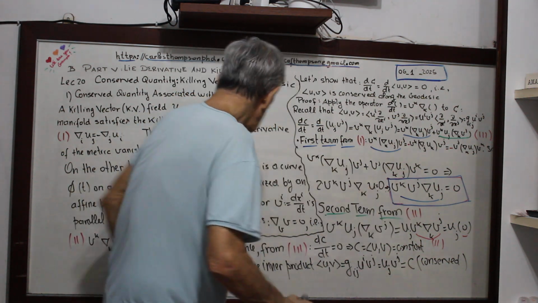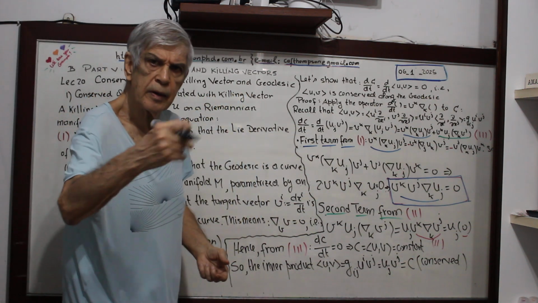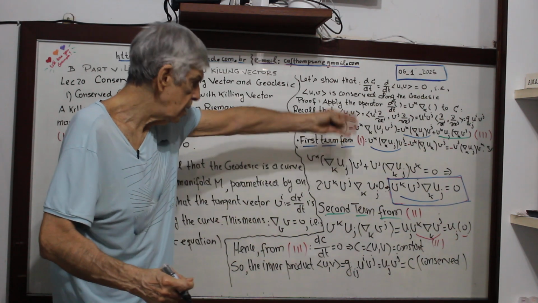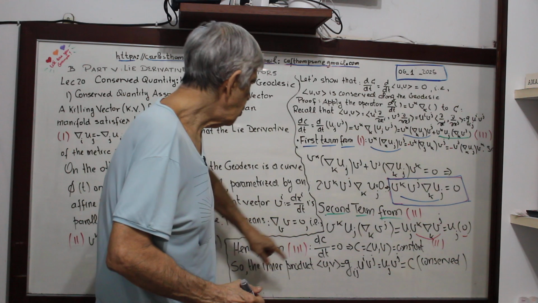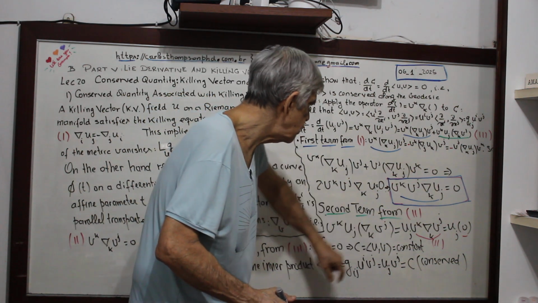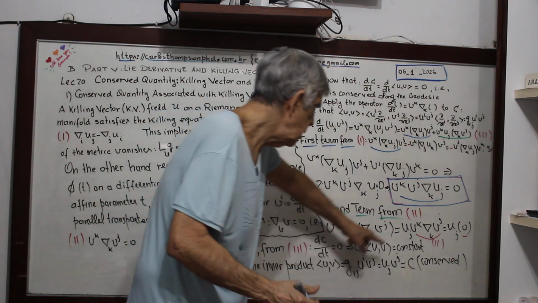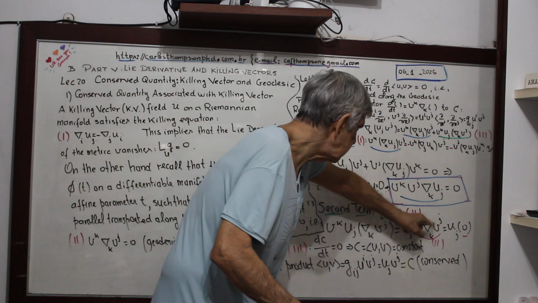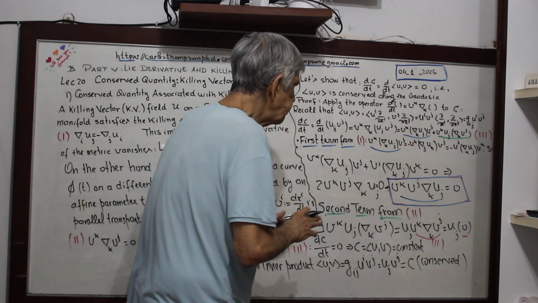Again, from equation 2, you can take a piece of paper and compare. It's just Vk Uj applied to the covariant derivative of Vj, which is equal to Uj Vk covariant derivative of Vj.